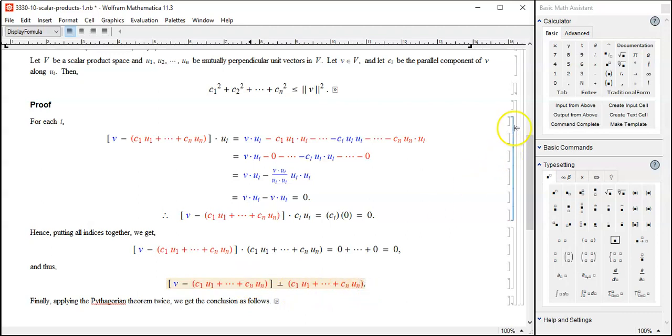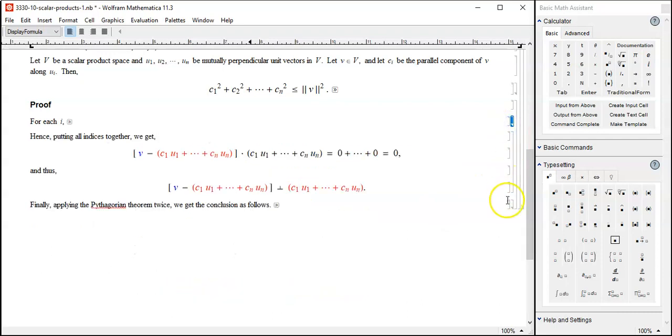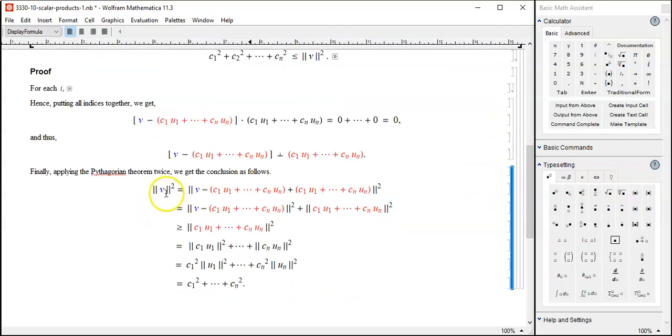Now, how is this useful? Here we go. V norm squared is (v minus this red) plus red. And then we can separate like this, and we have this equality because of the Pythagorean theorem. These are perpendicular, that's why we have this equality here. Hypotenuse squared is one side squared plus the other side squared.